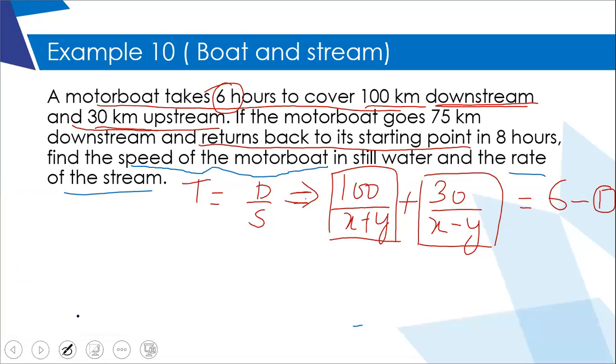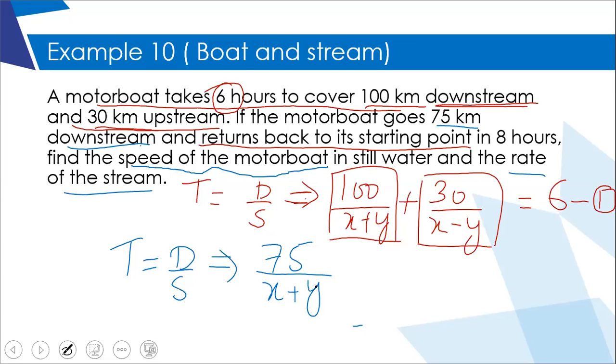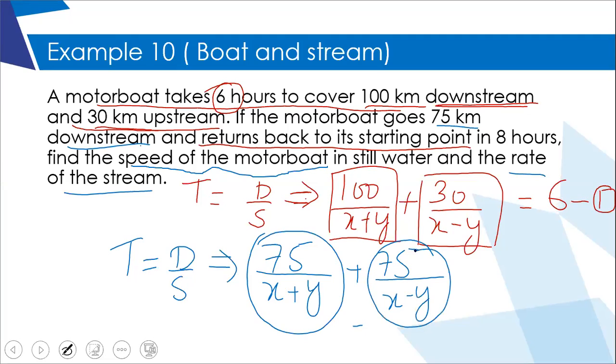Again you apply the same logic. Distance is 75, speed of downstream is x plus y, so this was the downstream time. And the same distance I covered while going back. This is the upstream time. Together in this journey I took 8 hours. So this is equation number 2.